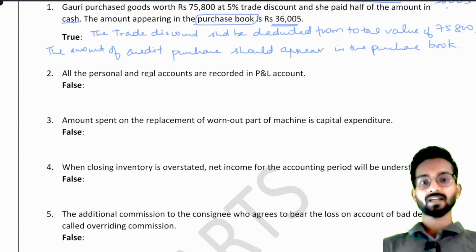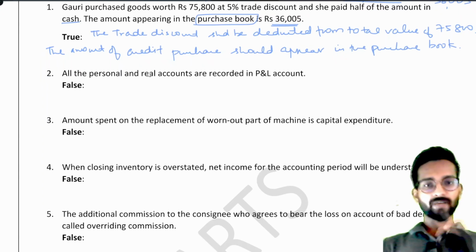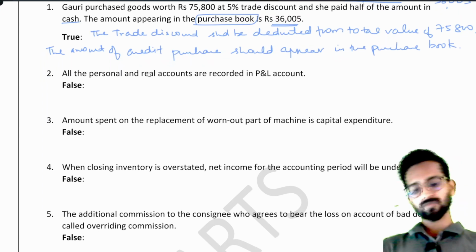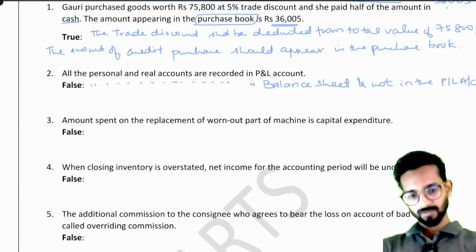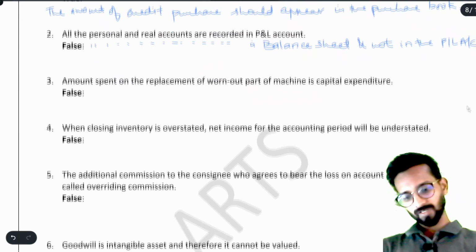Because personal and real accounts will appear in balance sheet. In P&L account only nominal accounts appear. Why? In P&L account, what do we record? Income and expenses. Income and expenses are nominal accounts. So you can write all the personal and real accounts are recorded in balance sheet and not in the P&L account. Okay? अरे भाई गलत है, P&L में नहीं लिखेंगे.